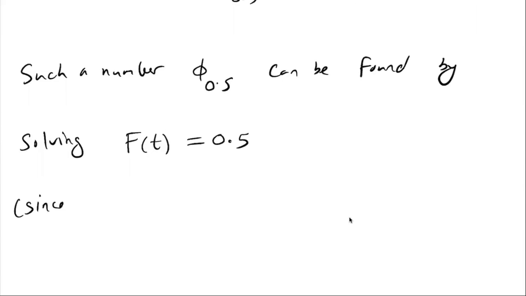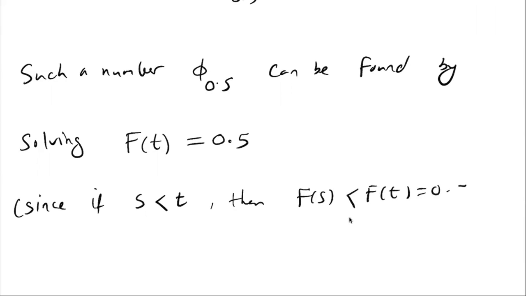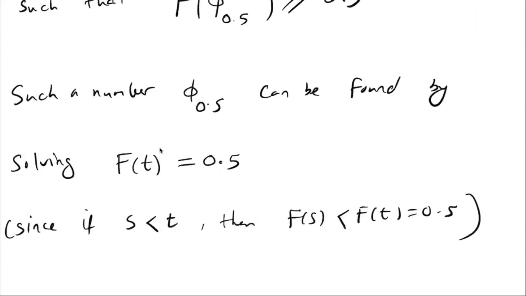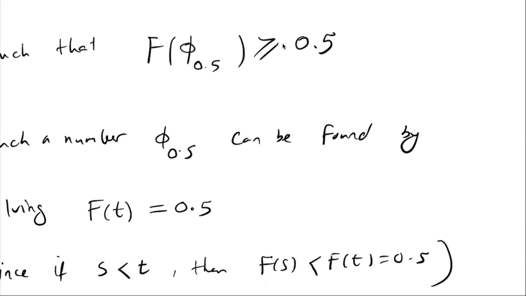Since if s is less than t, then capital F of s will be less than capital F of t, which is 0.5. That means this number t, the solution of this equation, is the smallest number such that capital F of that number is bigger than or equal to 0.5.